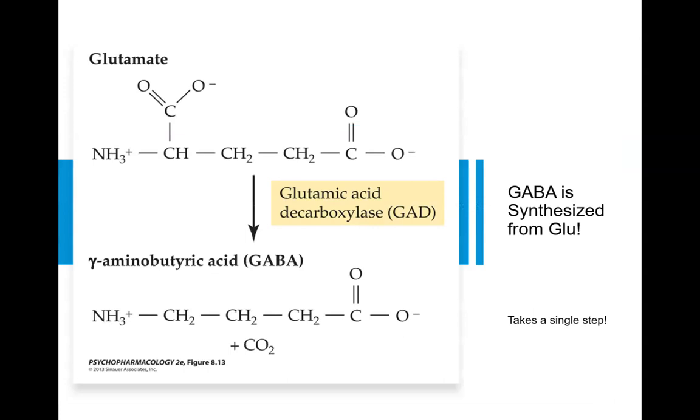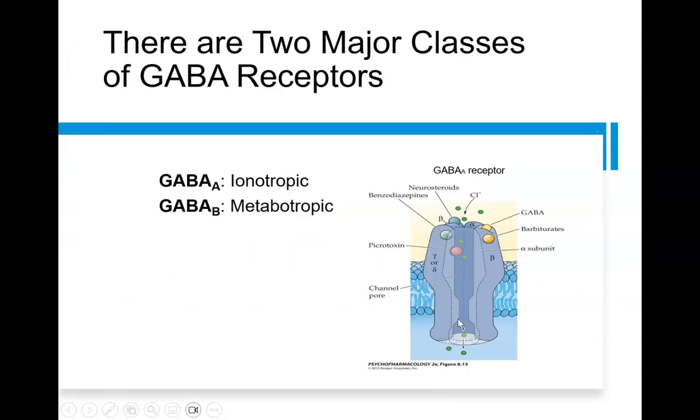Now, GABA is basically synthesized from glutamate. So we use glutamate to make GABA. So here's glutamate. With the enzyme glutamic acid decarboxylase, or GAD, we get gamma-aminobutyric acid, or GABA, and this takes one single step. There are two major classes of GABA receptors. We're not going to spend too much time on these.